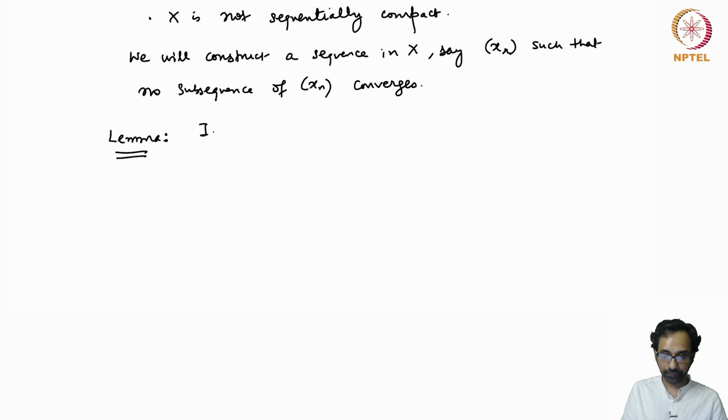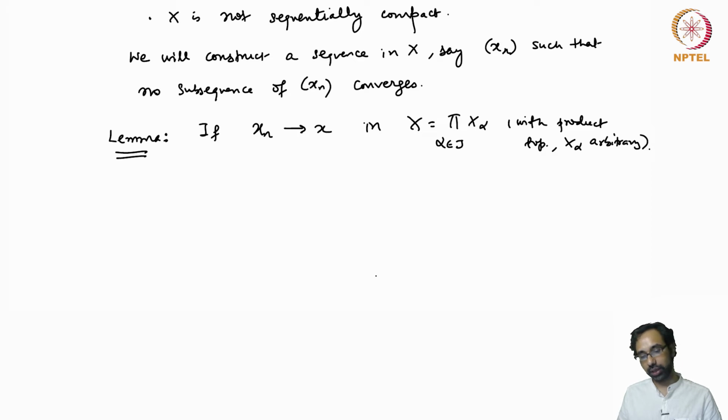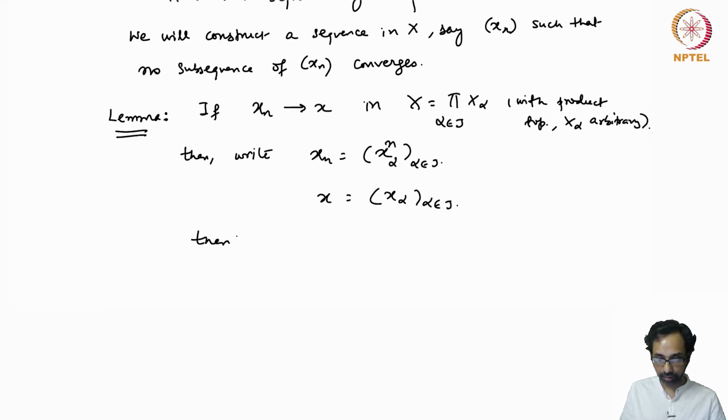This lemma says that if x_n converges to some point x in a product space X, which is the product of X alpha, now for general product spaces with the product topology, where the X alpha can be arbitrary topological spaces, and if a sequence of points converges to some point x in the arbitrary Cartesian product, then if we write x_n in the J-tuple notation, as the J-tuple (x alpha n), alpha in J, and x as (x alpha), alpha in J, then x alpha n converges to x alpha for each alpha in J.